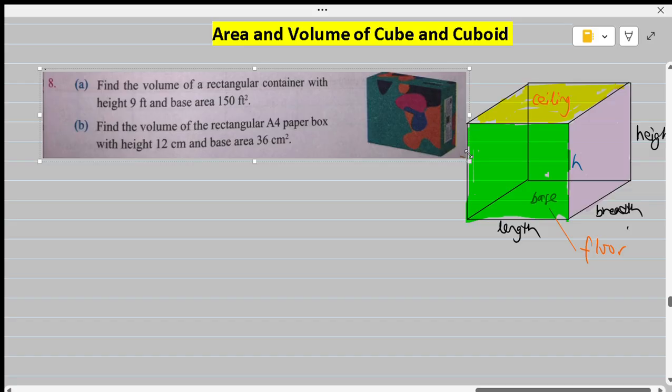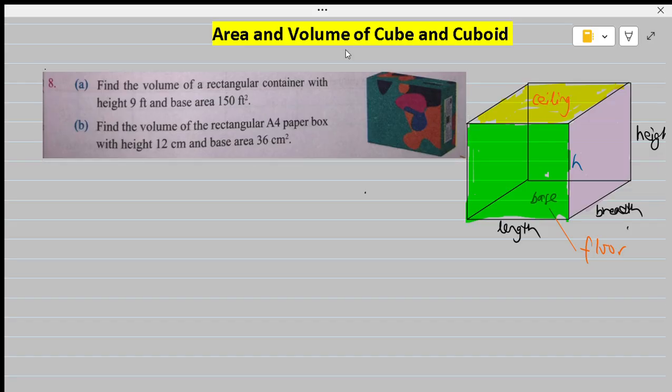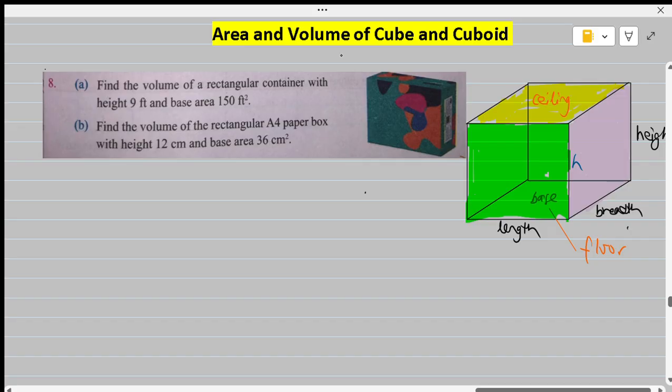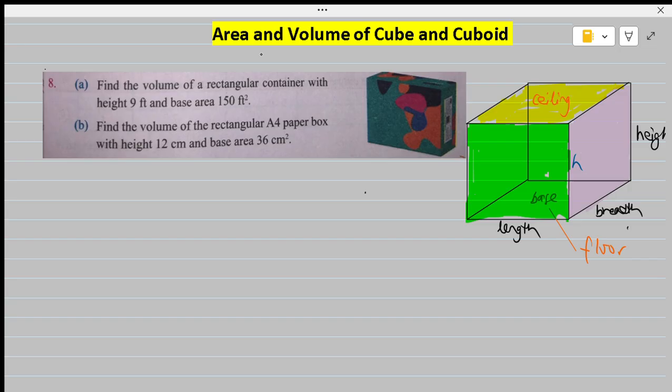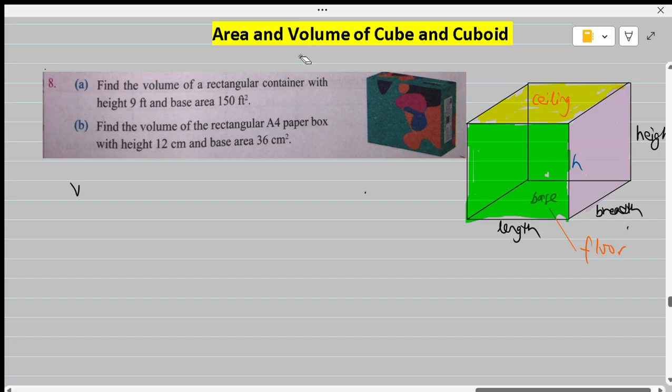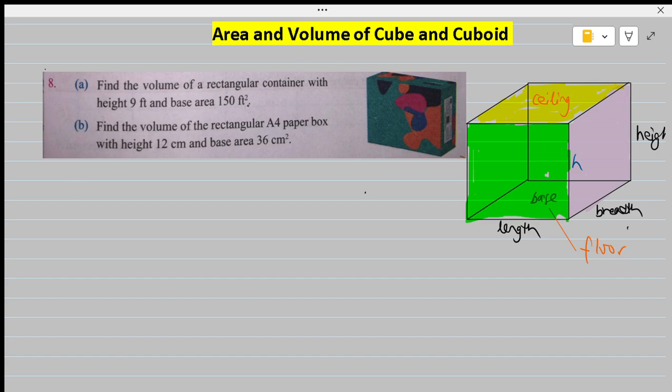Find the volume of the rectangular container with the height 9 feet and base area 150 feet square. So a bit different, but you'll find it easier than the previous one. Let's write here what we are given.